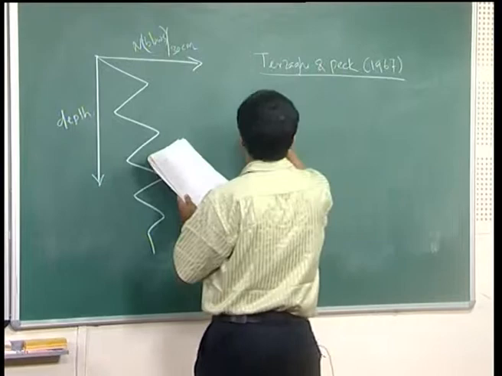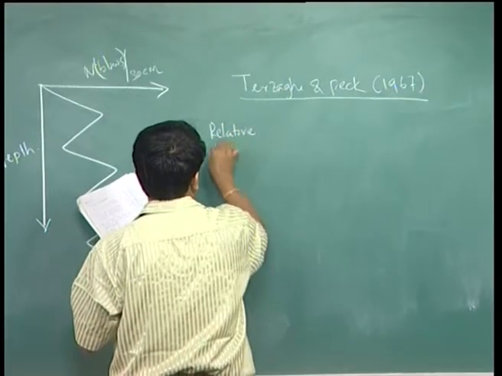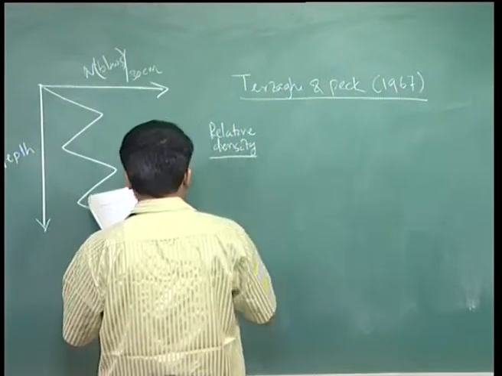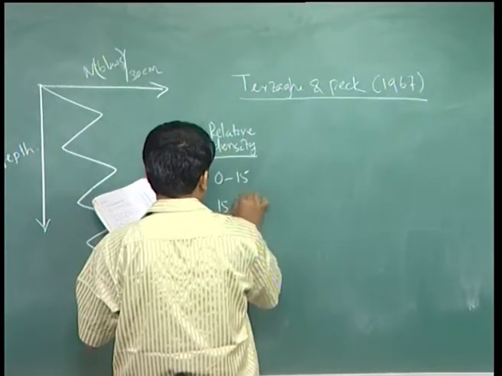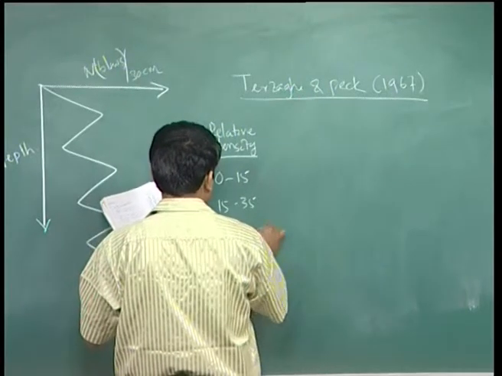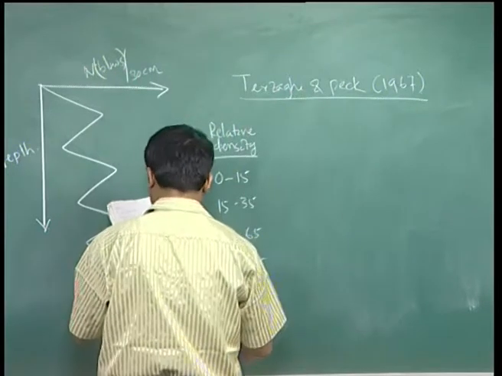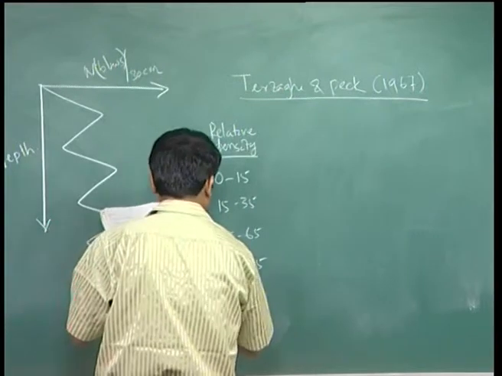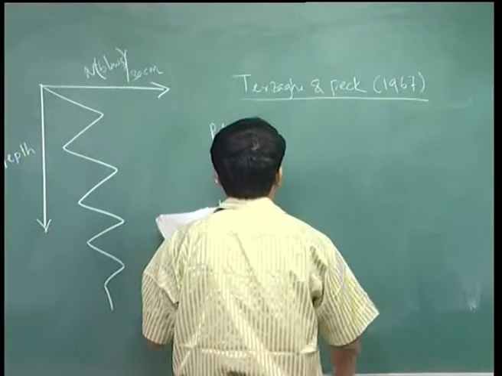Relative density: 0 to 15, 15 to 35, 35 to 65, 65 to 85, then greater than 85.